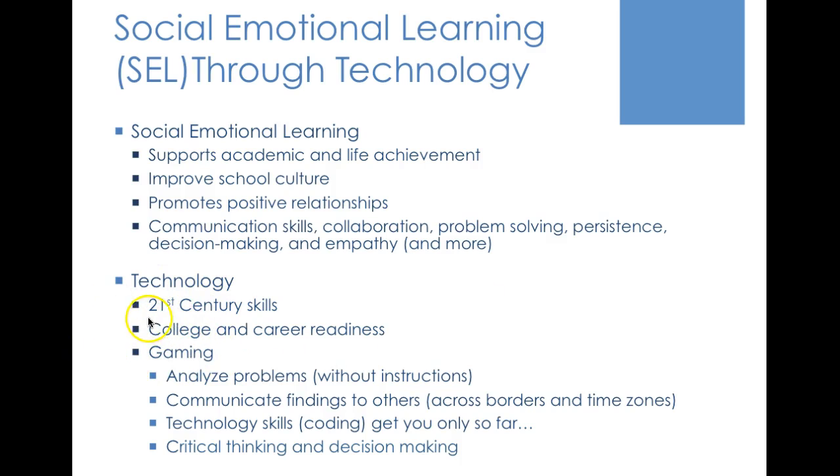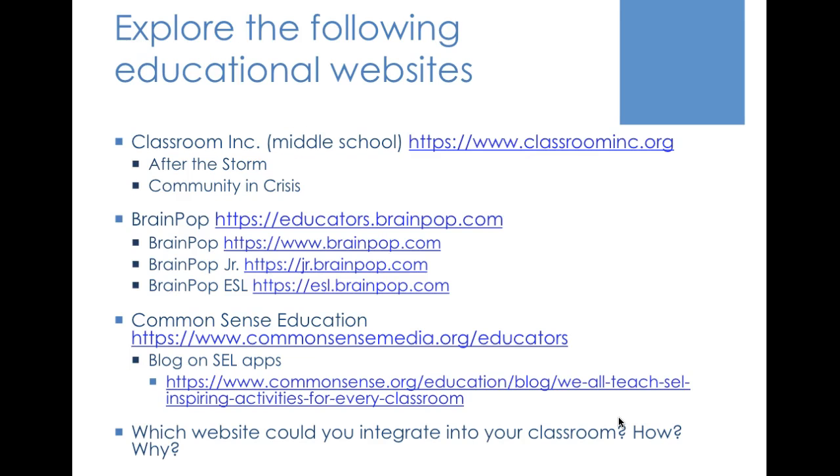In some ways that you can do this, also with the technology standards, you've got the 21st century skills, the college and career readiness, and actually we even talk about gaming and how that allows students to actually learn these skills. So, it's one of those things where I think if we continue to push the envelope, we will do better for our students and our children.